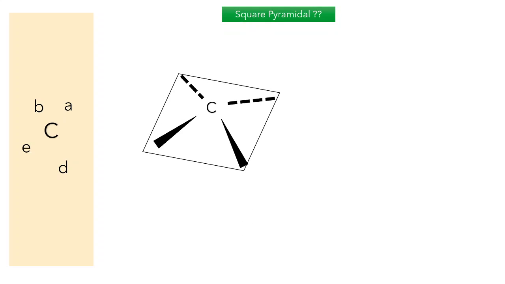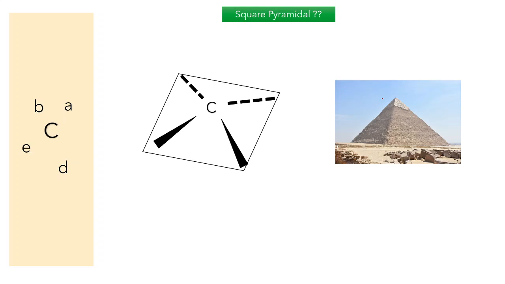There are so many pyramids, but maybe the most famous pyramid they are talking about is square pyramidal, because the pyramid in Egypt is a square pyramid. It's a pyramid with a square base. It has one vertex here, one here, and one at the back, which I am not able to show here. So it has a square base, and then the apex, the top of the pyramid here. So maybe this kind of pyramid is being asked about.